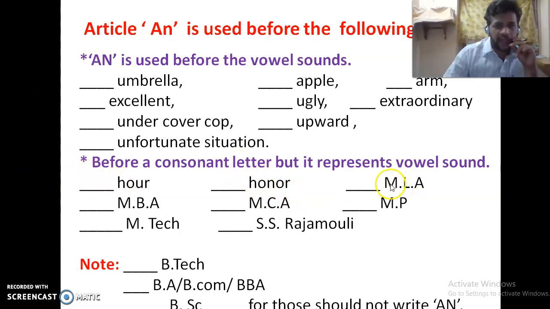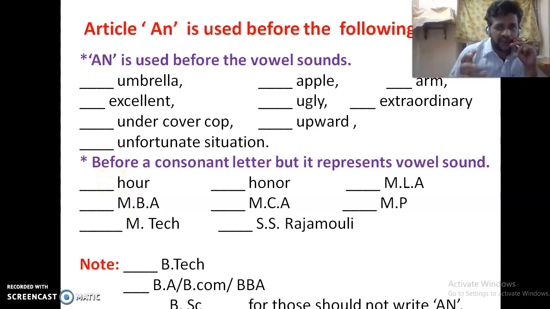Honor. MLA. So for these short abbreviations or acronyms, we apply this rule. M starts with the sound A in this context. MLA, A. MBA, A. MCA, A. MP, beginning A. MTech, beginning A. SS Rajamouli, S, A starts with A. So for all these aspects, we use article A or AN.